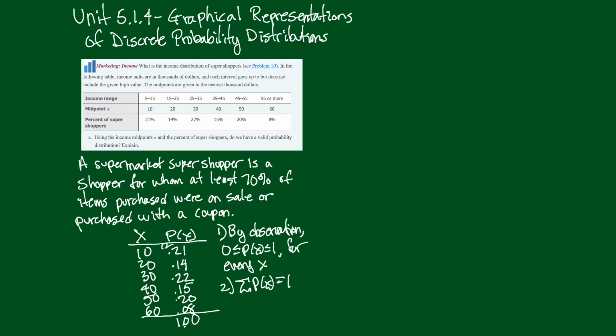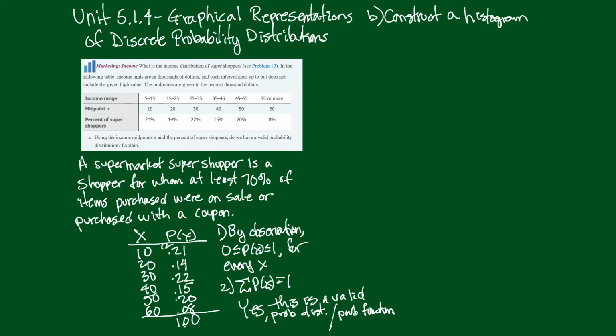So the answer to our question here is yes. This is a valid probability distribution. Now, you may remember from your algebra course that functions can be given as tables, graphs, symbolic expressions. We've got a table. So we could just say yes, this is a valid probability function.